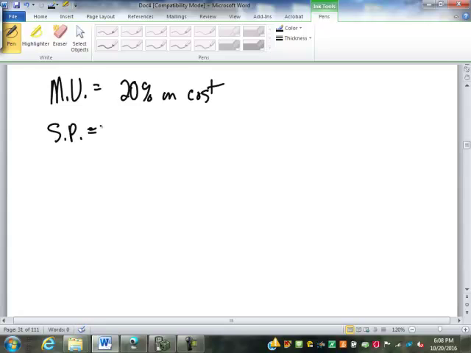Our selling price is $492. We're asked to find the dollar amount of the markup. I want you to try that one in your notes quick.